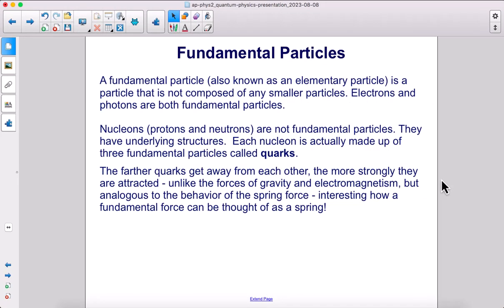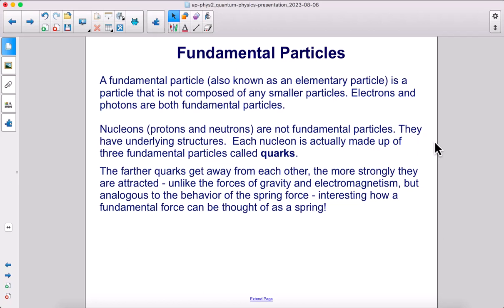A fundamental particle, also known as an elementary particle, is a particle that is not composed of any smaller particles. Electrons and photons are both fundamental particles. Nucleons, which is another word for protons and neutrons, are not fundamental particles. They have underlying structures.